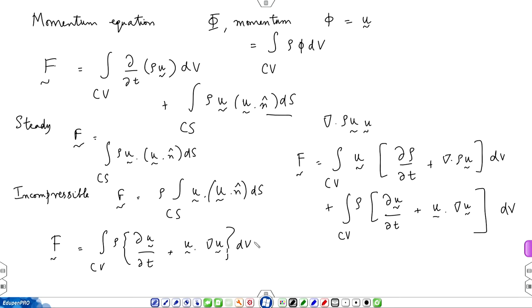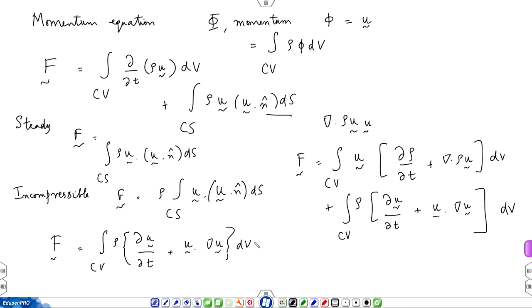Now, what is rho dV? Rho dV is elemental mass, right? Density times volume. And then what is Newton's second law of motion? When somebody asks you, you say F equal to ma, is it not? So, just looking at this expression, rho dV is elemental mass. So, what is the quantity in brackets?